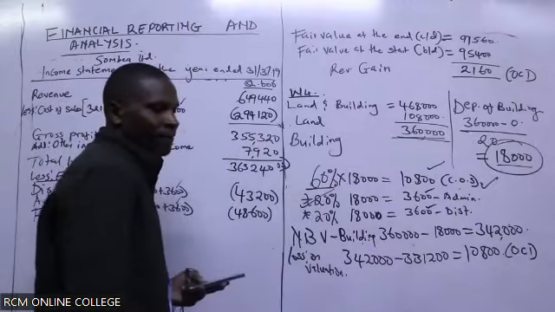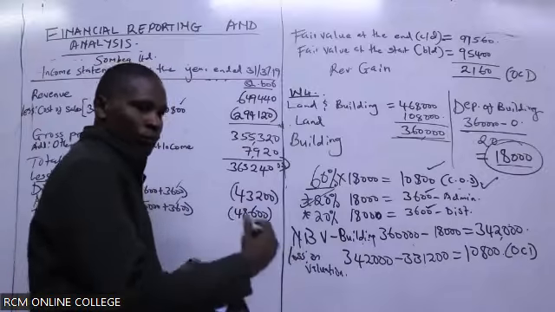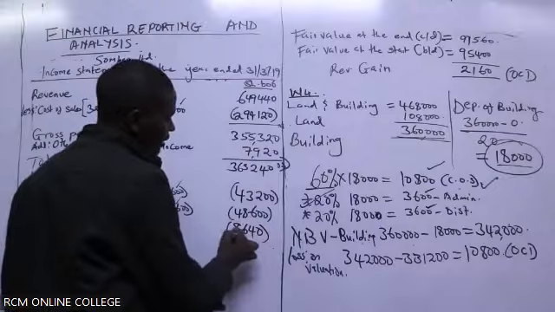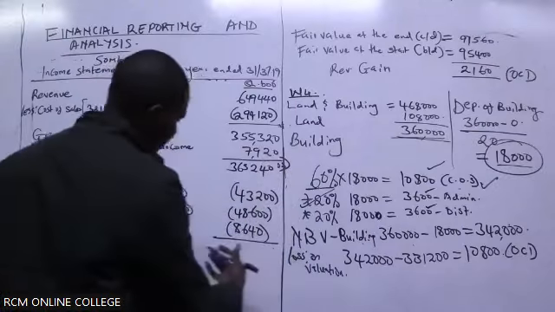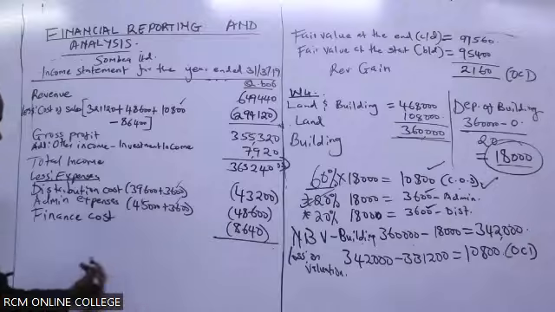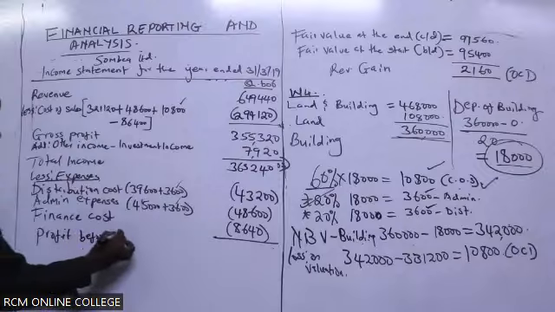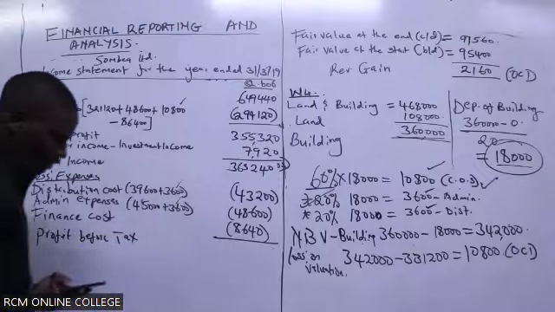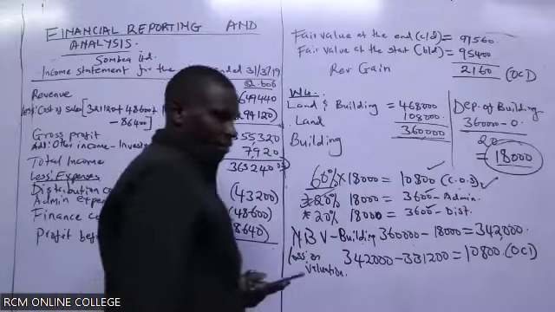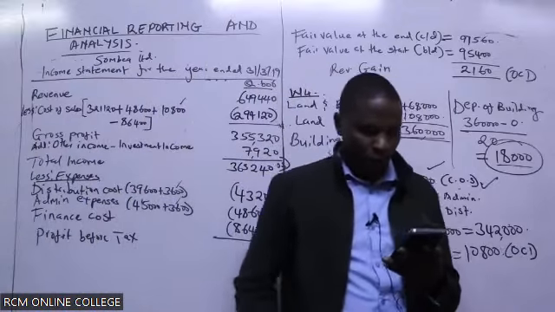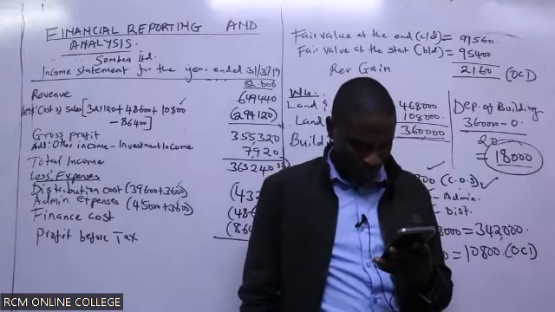So ufollow tu pole tu 8640. And class with that, depending with our format, sasa tunaweza pata what? Because we don't have other expenses, we can get a profit before tax. Class nipatieni hiyo, this minus the 3. Profit before tax ni ngapi?